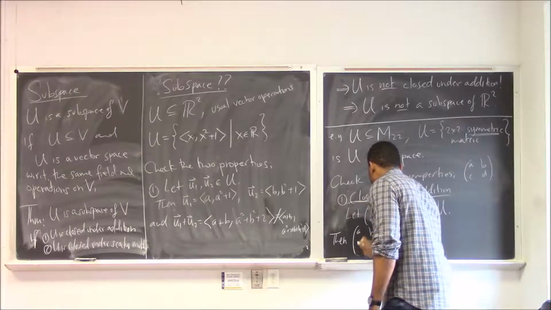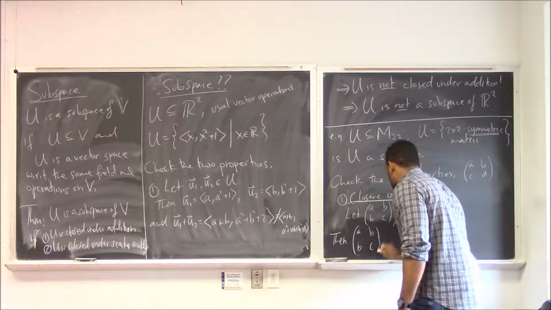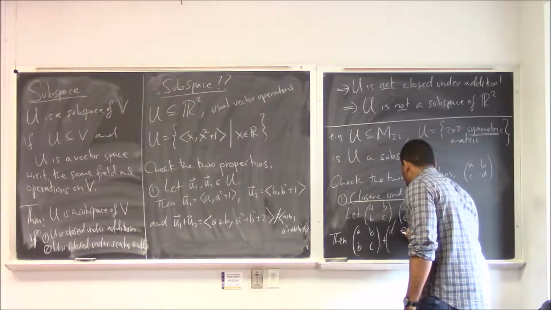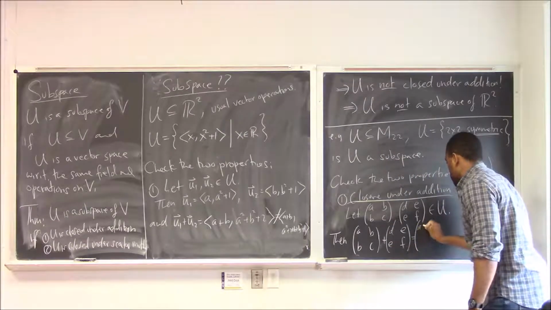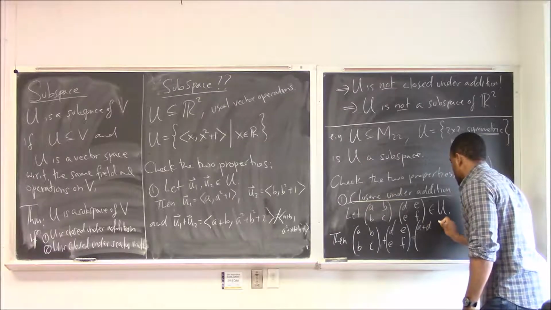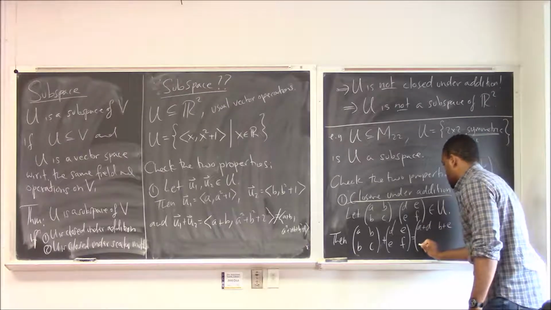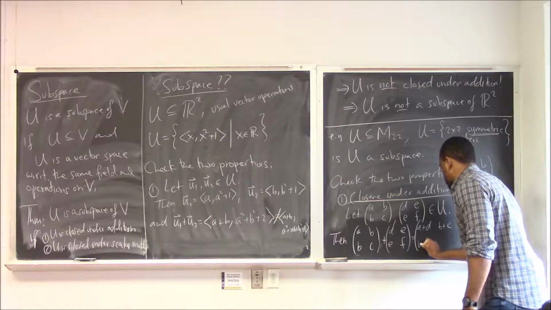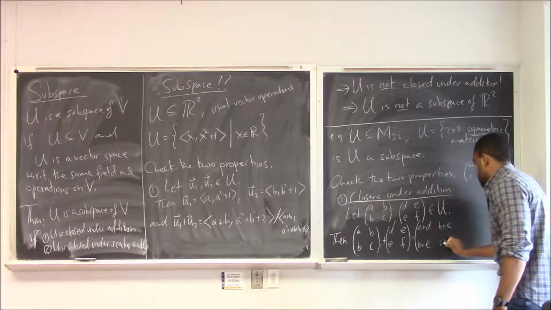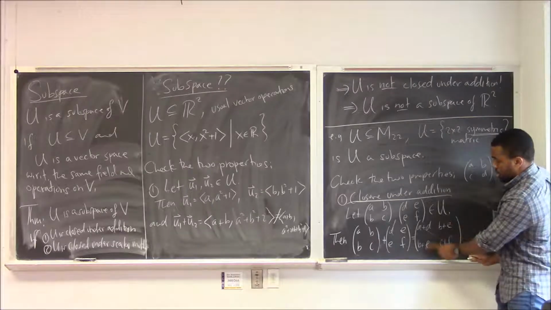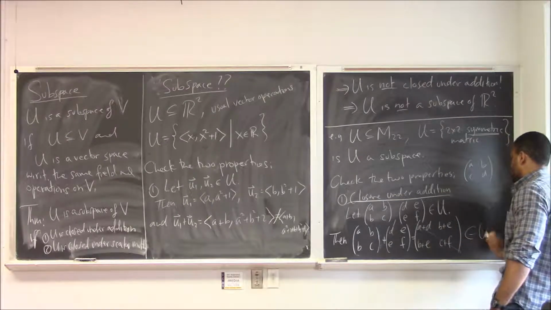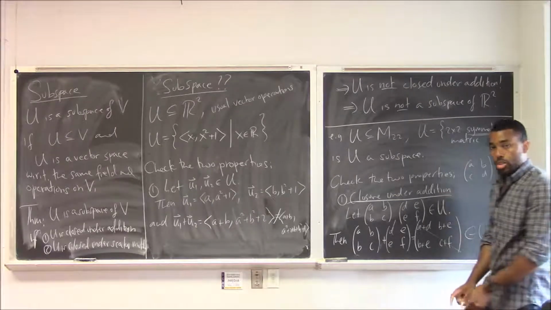If I take [A, B; B, C] plus [D, E; E, F], by the usual matrix addition this gives me [A plus D, B plus E; B plus E, C plus F]. And you'll notice that this is also symmetric. So this is also in U, and so we have closure under addition.